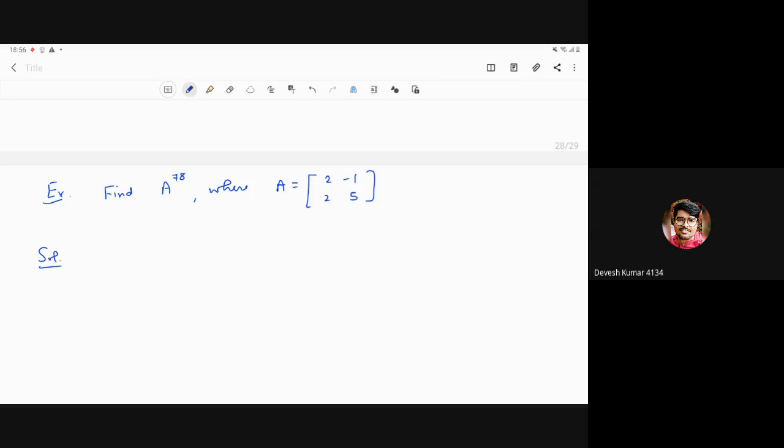So first find the characteristic polynomial, or you can say characteristic equation. If you don't put equal to 0, it is the characteristic polynomial. So first find the characteristic polynomial of A. This, or you can find this also, no problem. Both ways it's fine.